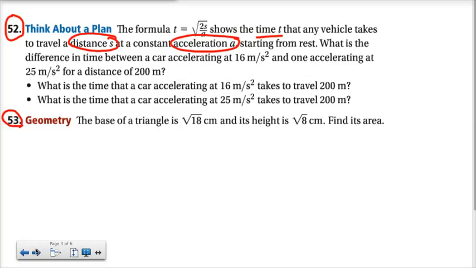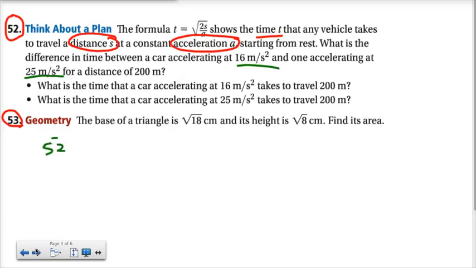What is the difference in time between a car accelerating at 16 meters per square second and one accelerating at 25 meters per square second for a distance of 200 meters? They're really asking me to calculate 2 things here and then tell them the difference between those 2.